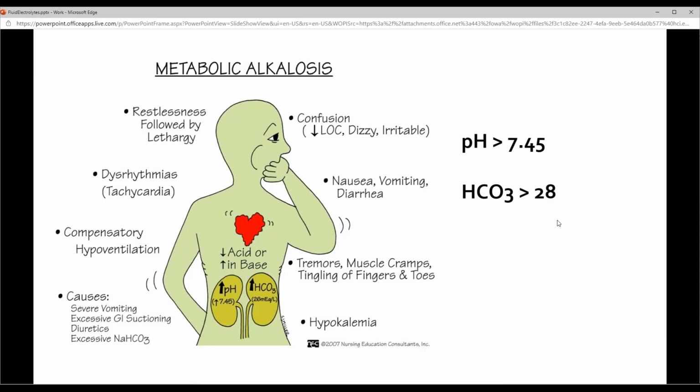So metabolic, remember, bicarb and pH move in the same direction. So metabolic acidosis, pH is down, bicarb is down. Metabolic alkalosis, pH is up, bicarb is up, okay?